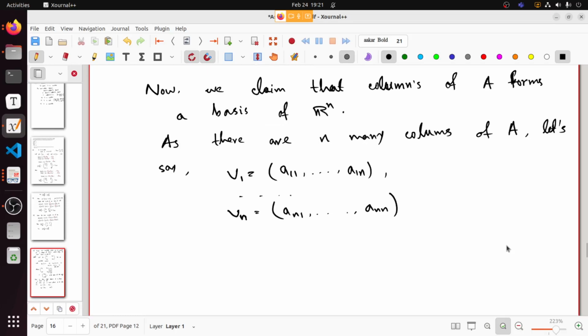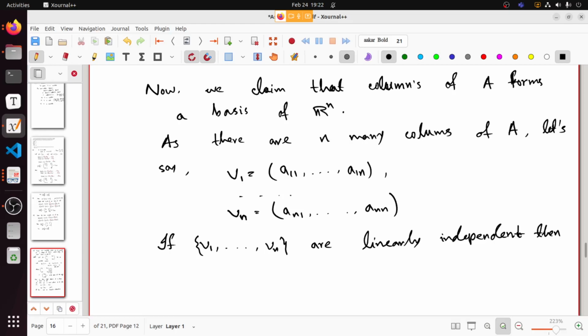As there are n many columns, if v1 ... vn are linearly independent, then they form a basis of Rn, right?